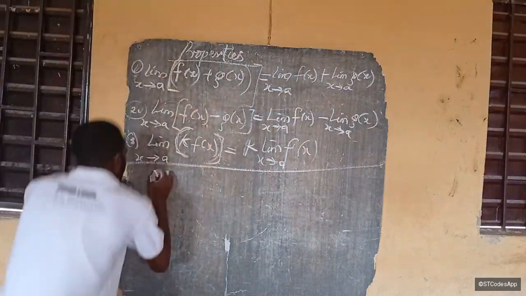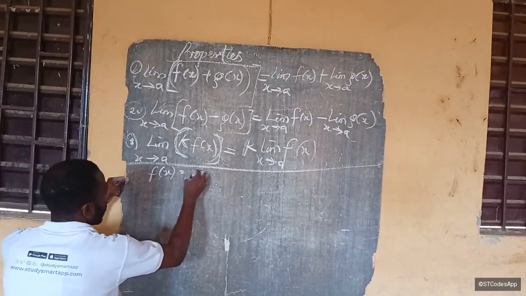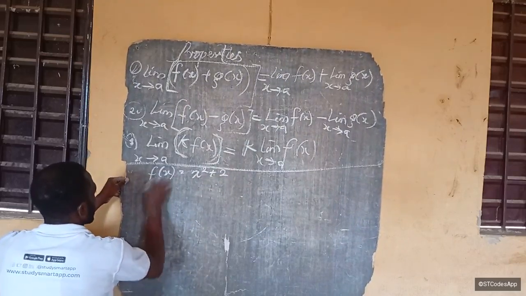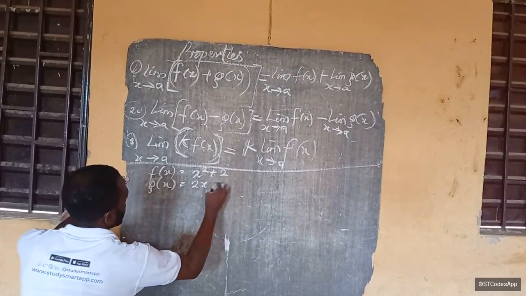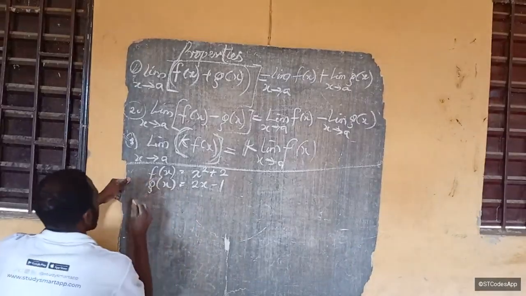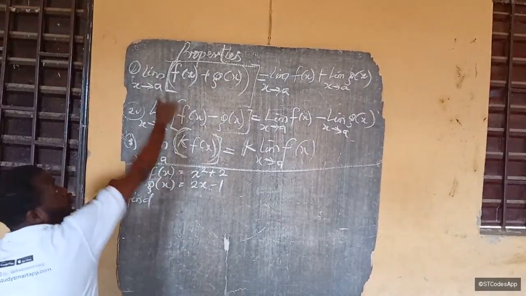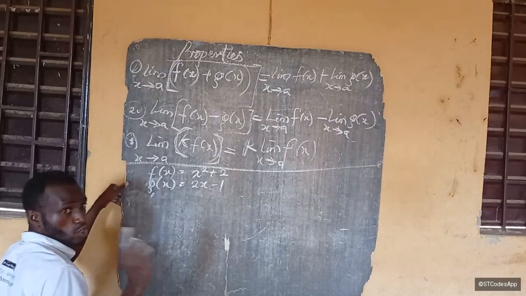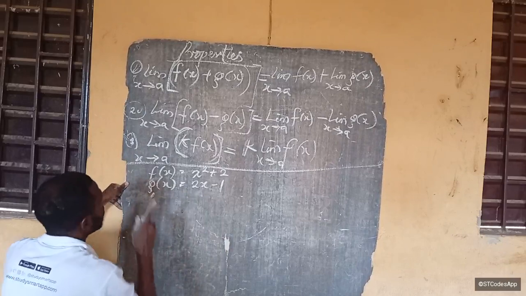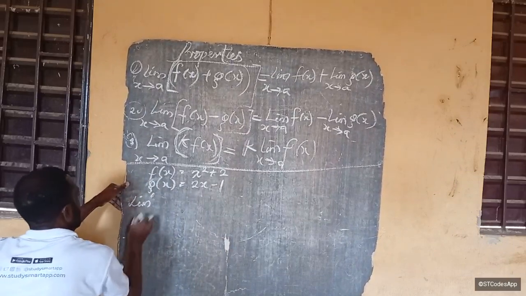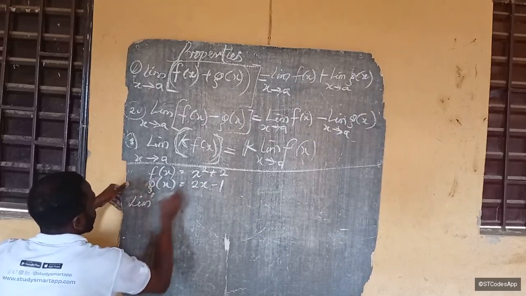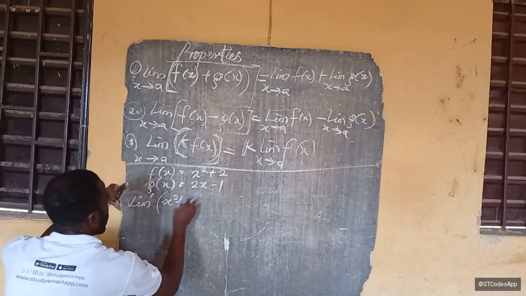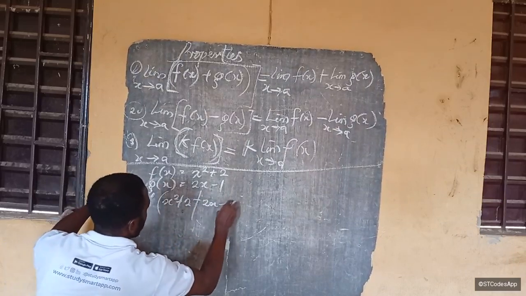For example, if f of x is equal to x squared plus 2 and g of x is equal to 2x minus 1, to show this, if x is approaching 2, you are going to see that the limit of the sum of this and this will be x squared plus 2 plus 2x minus 1.